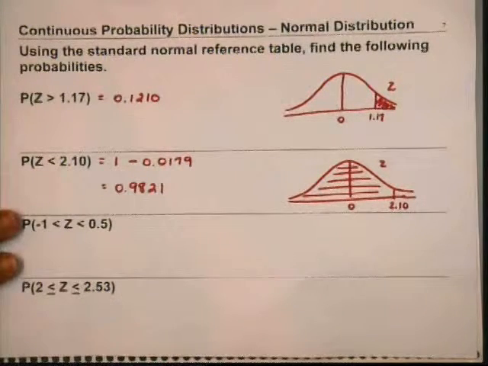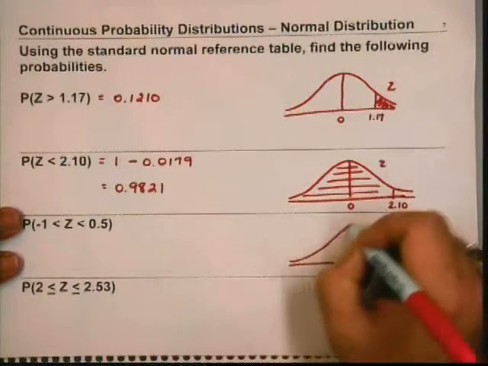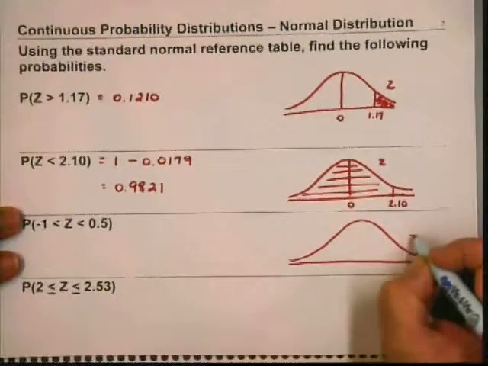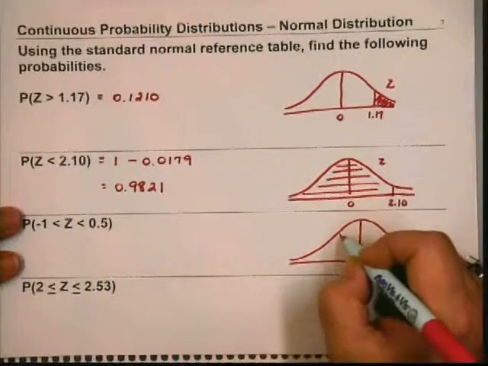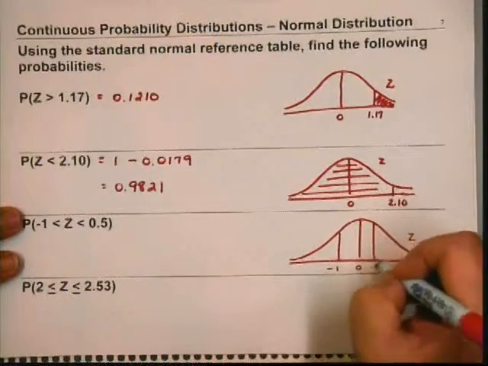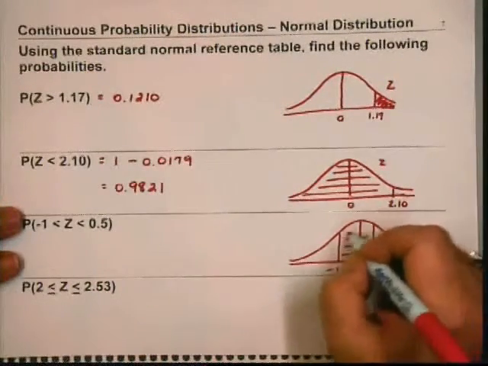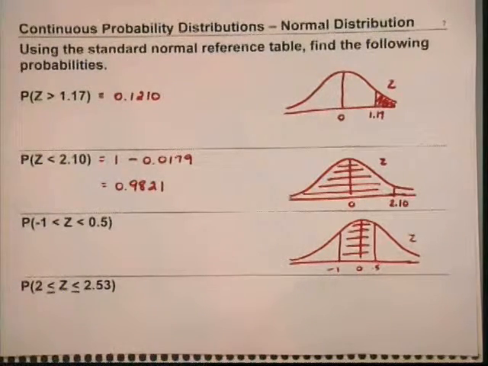Find the probability that the standard normal score Z is between -1 and positive 0.5. So how would you do this?